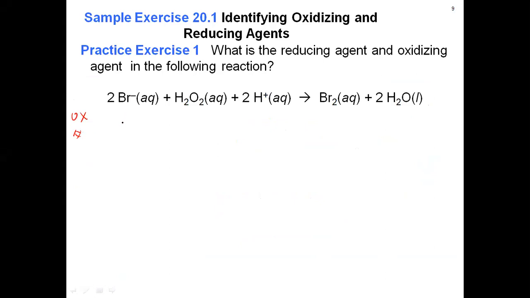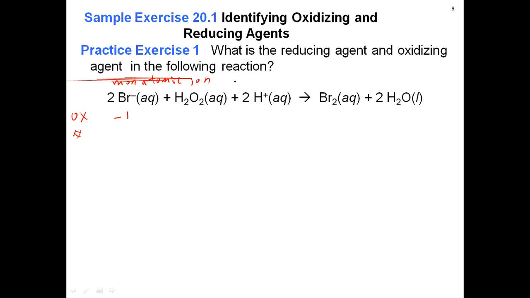The first one is the monatomic ion. So -1 charge means -1 oxidation number. Next one is a compound.